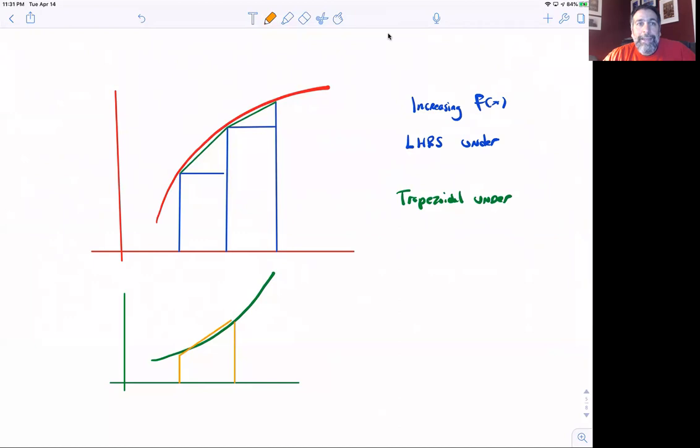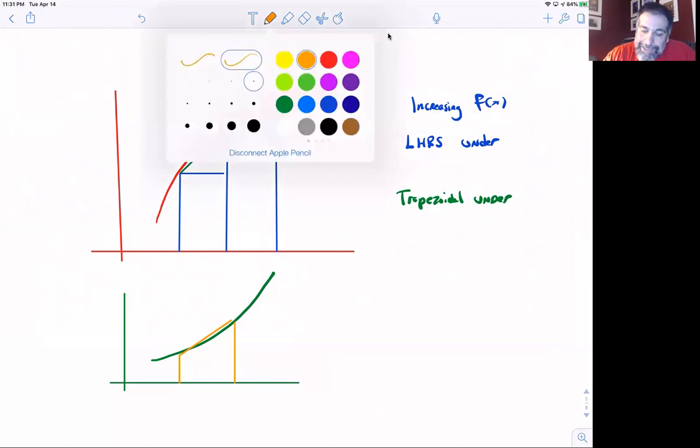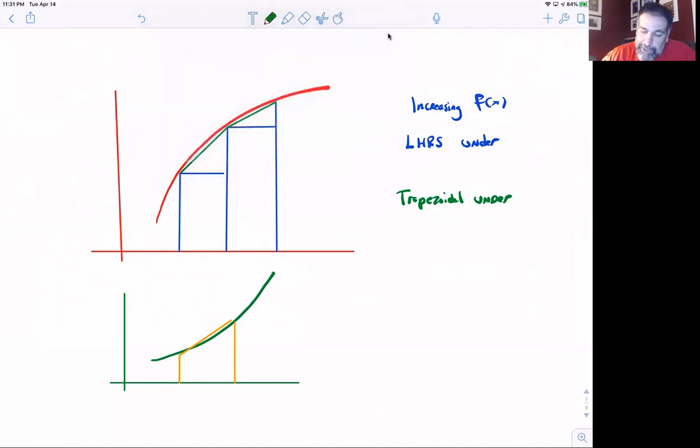So what dictates whether or not a trapezoidal rule approximation is under or over? It's not increasing or decreasing at all. It's actually the concavity of the shape. We're going to have a trapezoidal rule that's an under approximation if we have a function that is concave down.